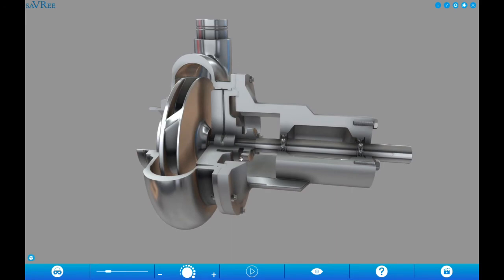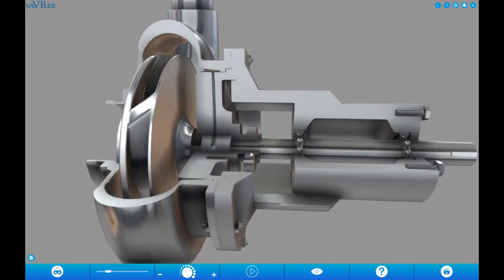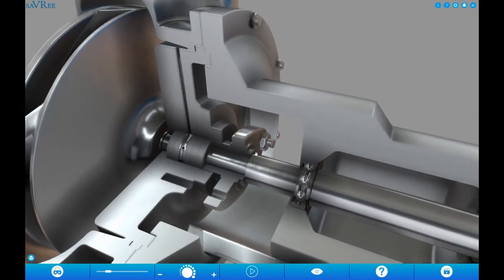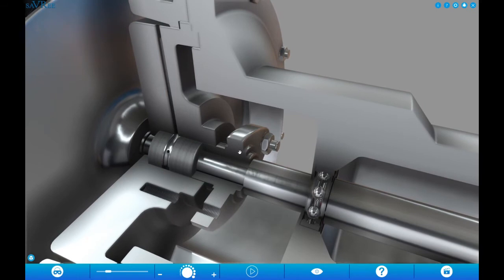Then we have the gland packing, or compression packing, or shaft seal here. One specific thing which is extra in this pump is this gland follower, a sort of equipment which helps to tighten this gland packing, because once the pump is rotating for a very long period of time, like 1 year or 2 years, only the gland packing, not the mechanical seal, will become loose.